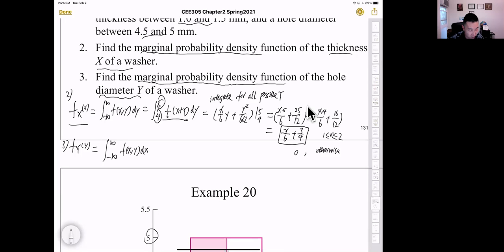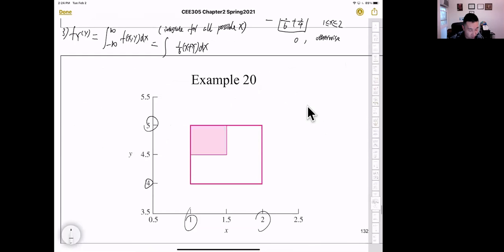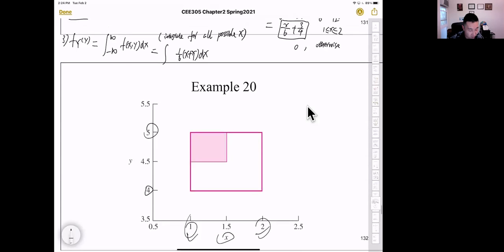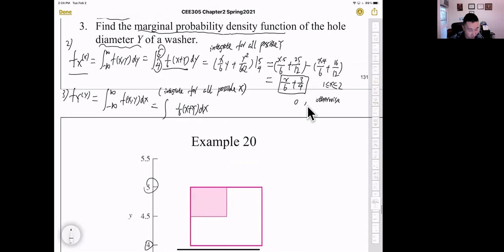So the density function is the same, and for all the possible x, the range for x is between 1 and 2.